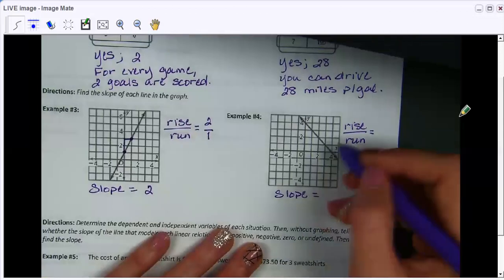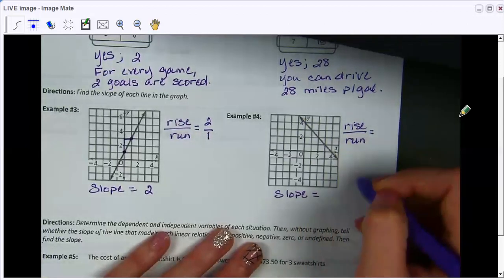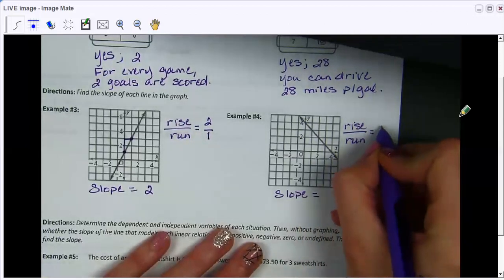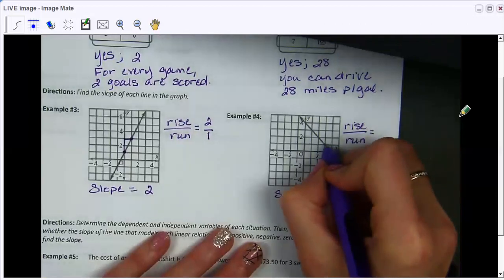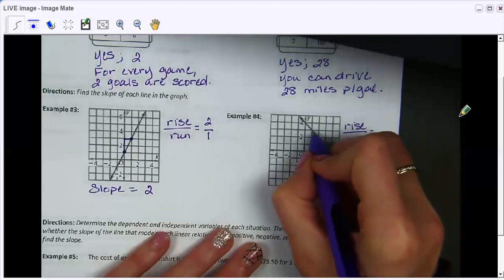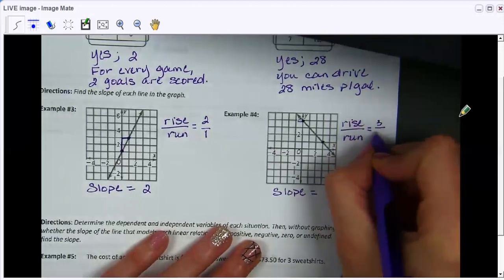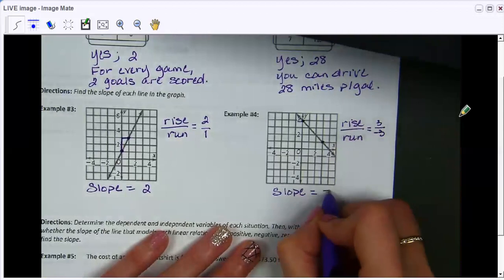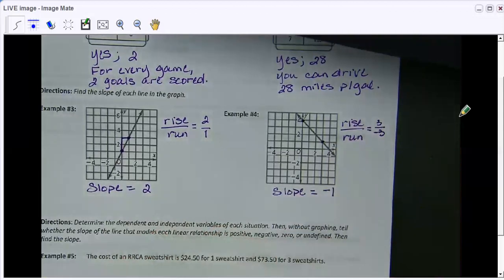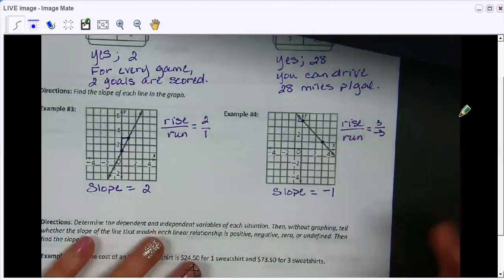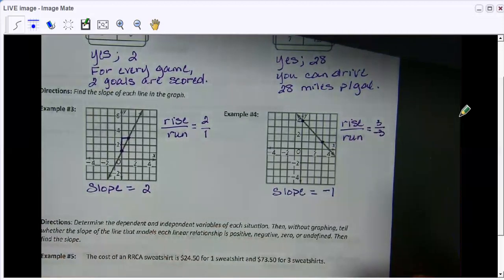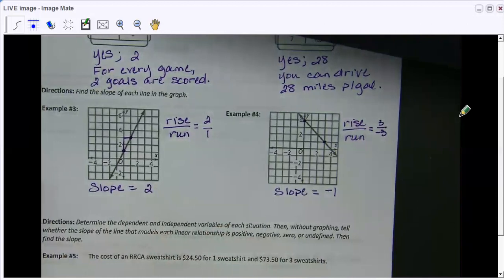Okay, so he chose points that were actually about 3 away. So he did 3 over -3, which gives you a -1. You could have done 1 over -1 also. So either way that you do it, it's fine. Okay. All right. Any questions about those 3 or those 2?